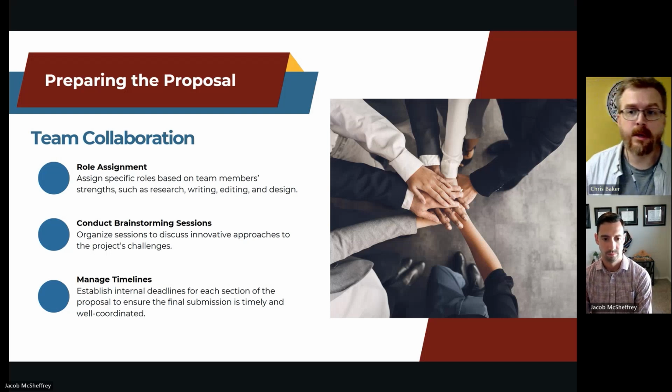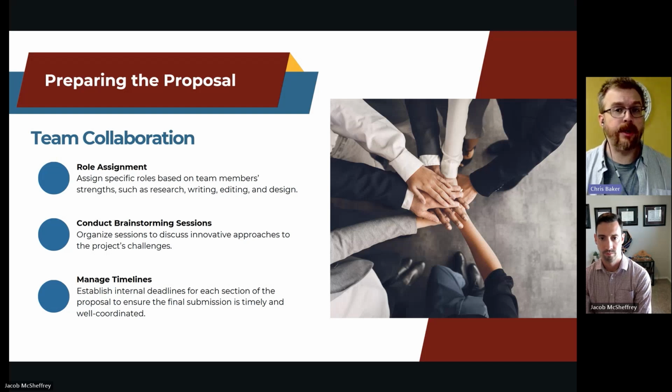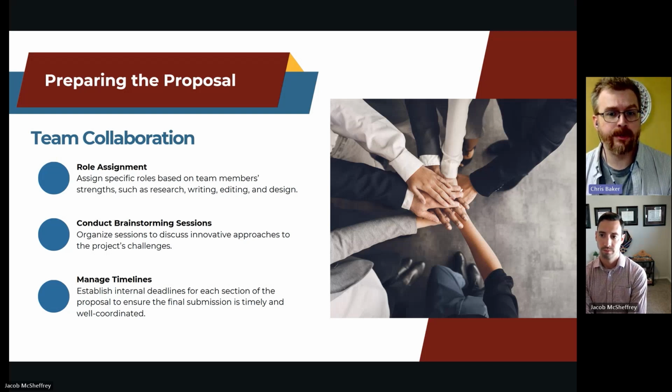So, maybe you have specific sections of the response assigned to individual people. Maybe this person is handling the risk management part. Maybe this person's handling the technical approach to the scope of work. Maybe this person is handling the section of qualified personnel, and maybe also the past performance sections.